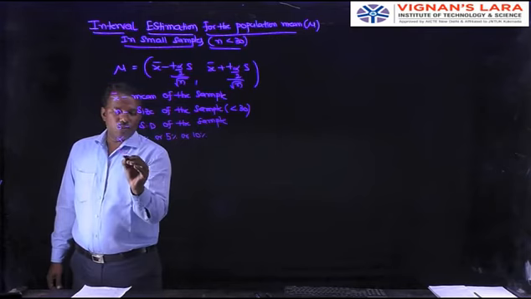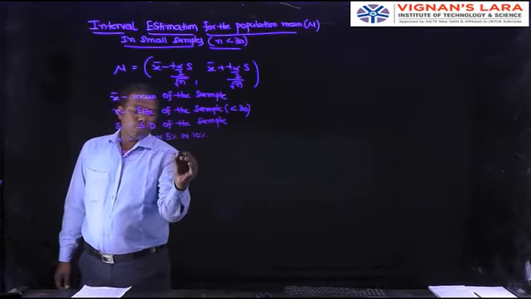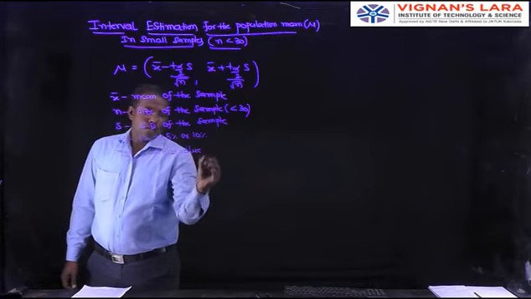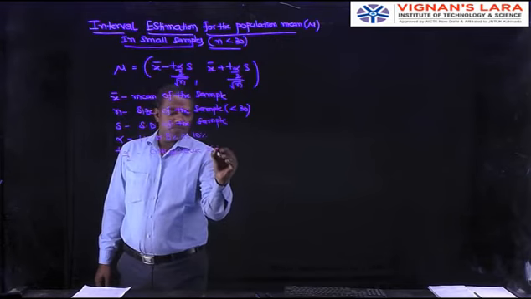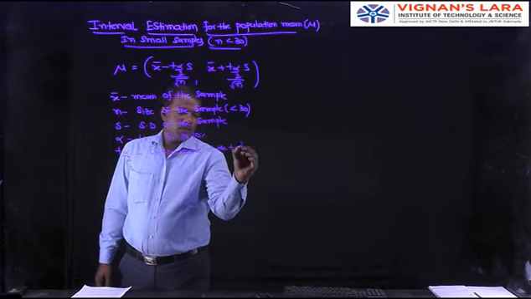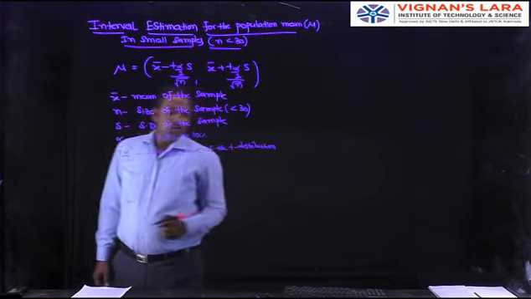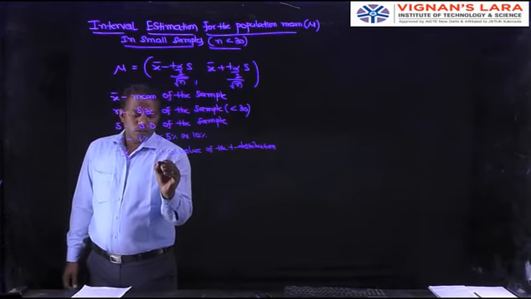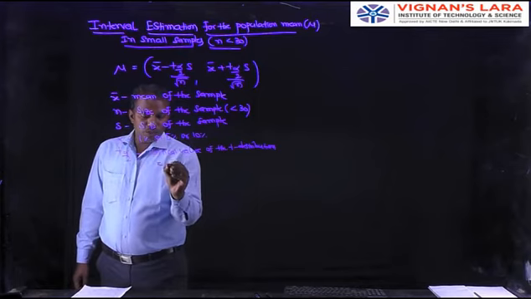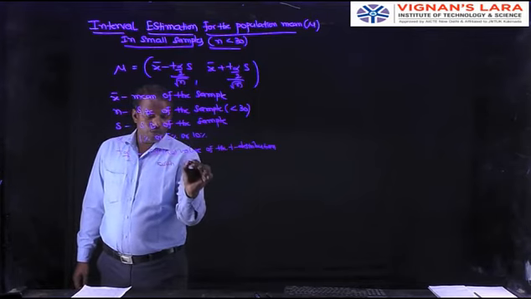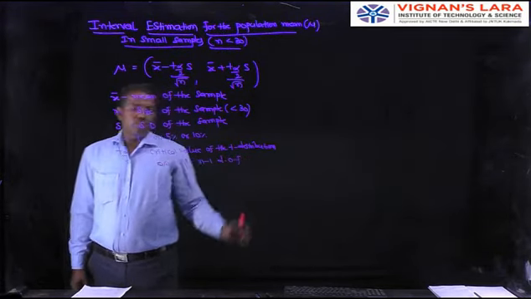T alpha by 2 is the critical value of the T distribution, that is, the T distribution with n minus 1 degrees of freedom.